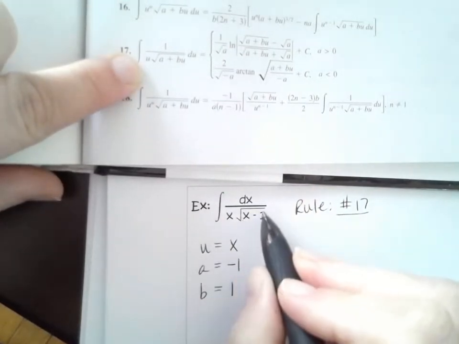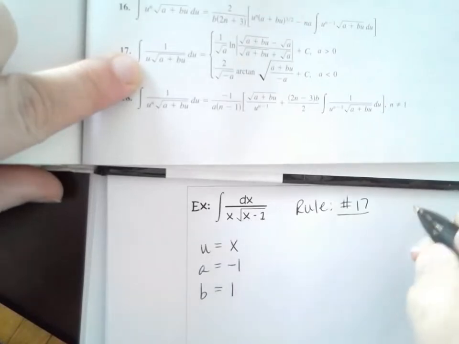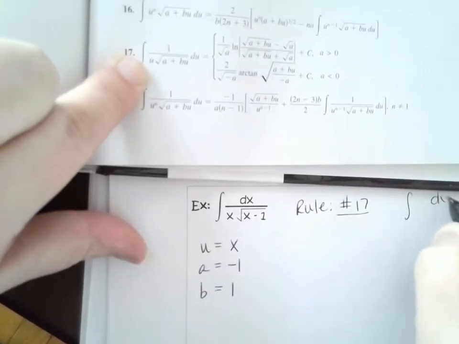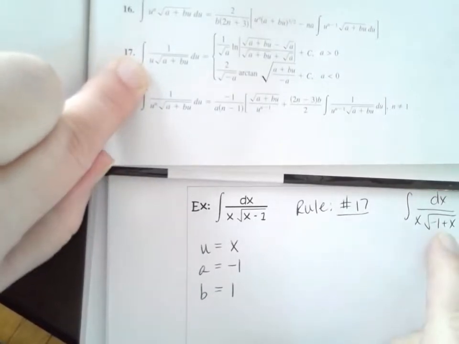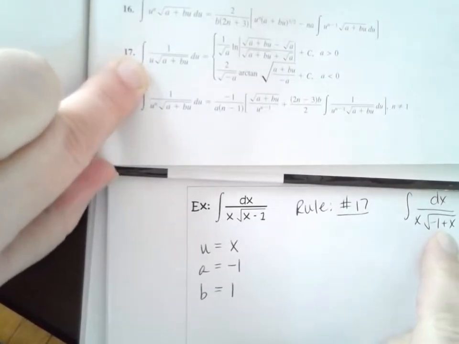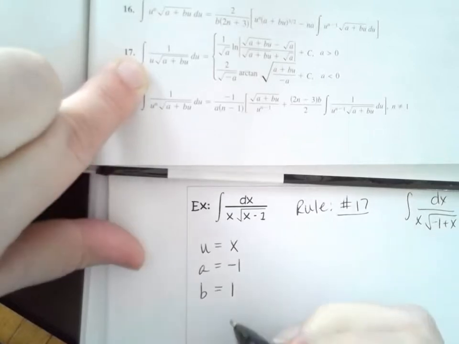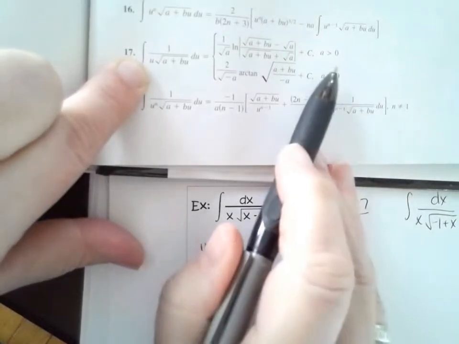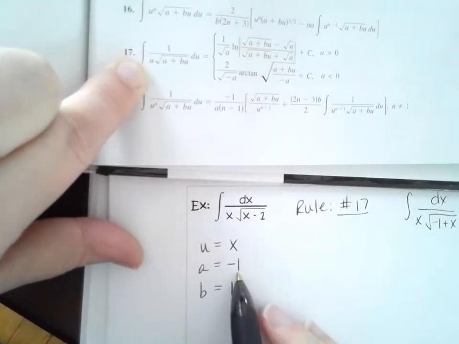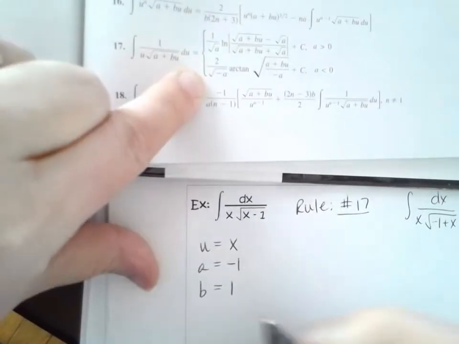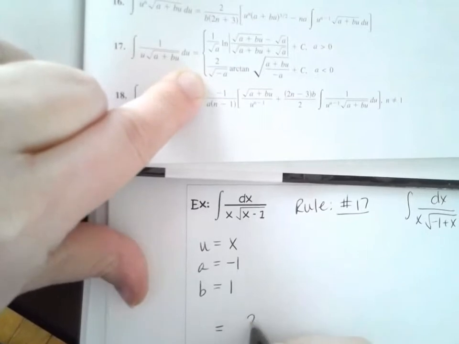If you don't see it quite clearly, I could have written this in a different order, with x and then negative 1 plus x, and then you would see it does more resemble what this looks like. Okay. So if these are all assigned appropriately, and I look at my two choices here and I know that a is actually less than 0, which it is, then all I have to do is copy down this formula.